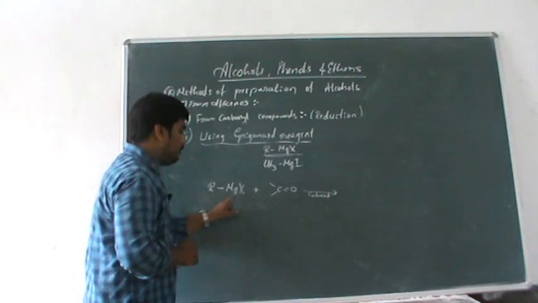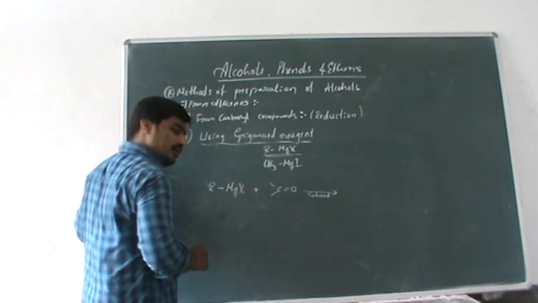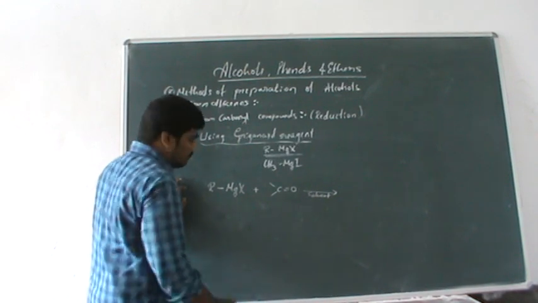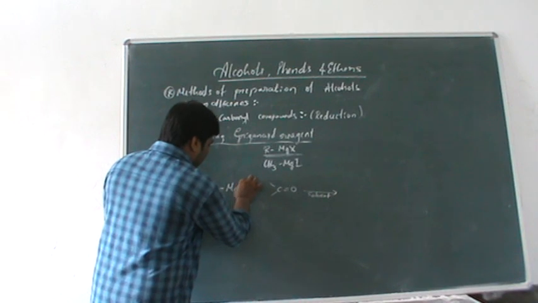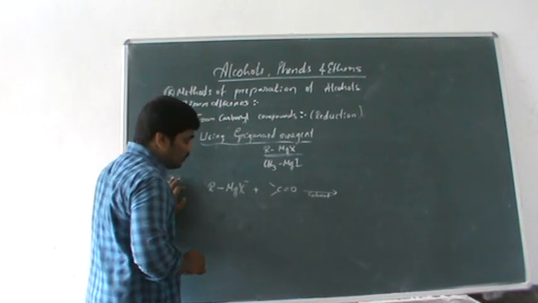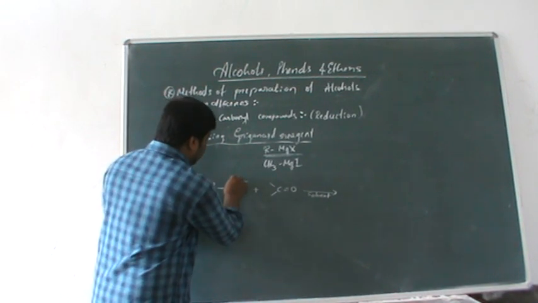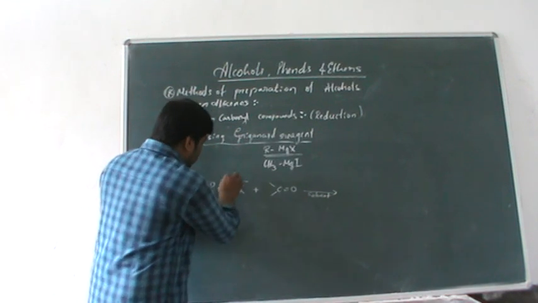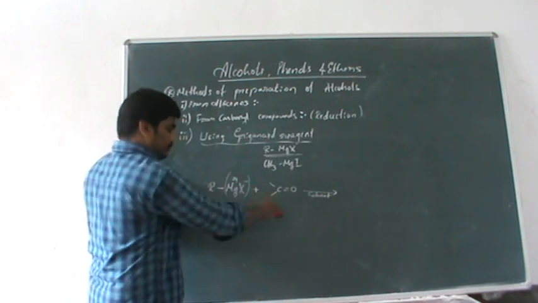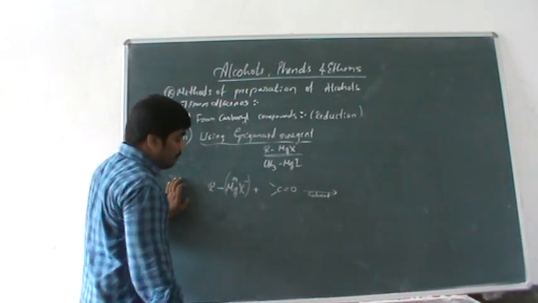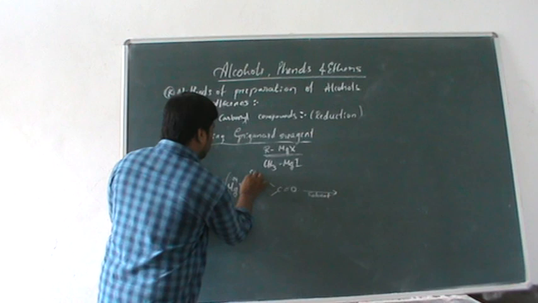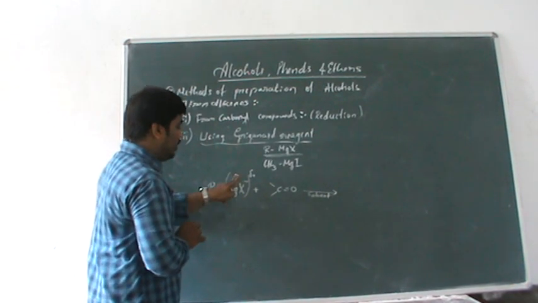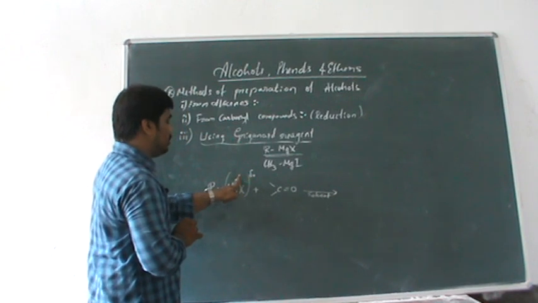It is RMgX. Can anybody guess the oxidation state of halogen? Halogen is negative, -1, and magnesium is +2, and because of that this part becomes partial positive. Why? Two positive, one negative, therefore it is partial positive.